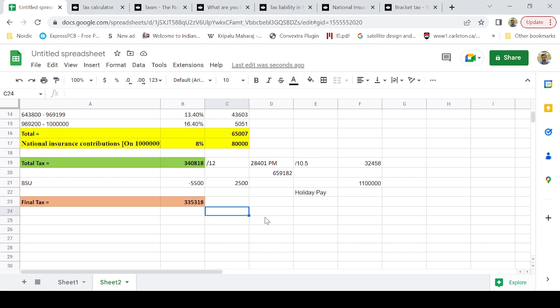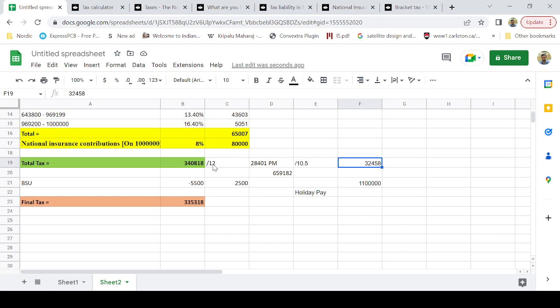But the thing is, if you see your pay slips, if you are paying this tax in a year, it has to be divided by 12, right? So this will be this amount, 28,401 NOK per month. But if you see your pay slip, it will be this amount, because usually in Norway there will be no tax deduction in June and there will be half tax deduction in December.